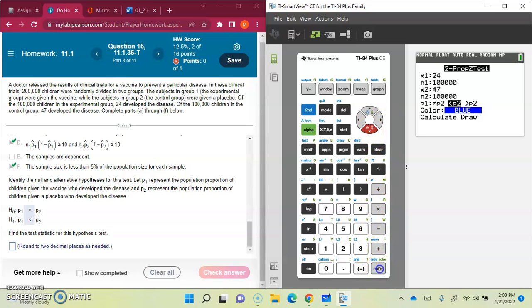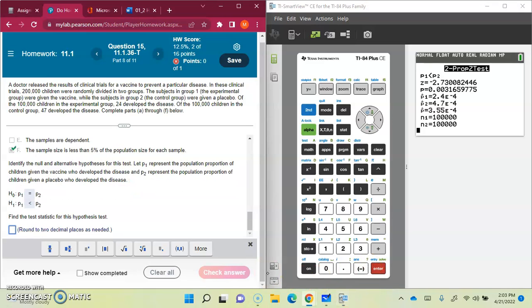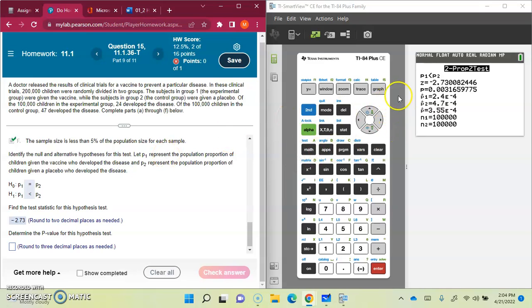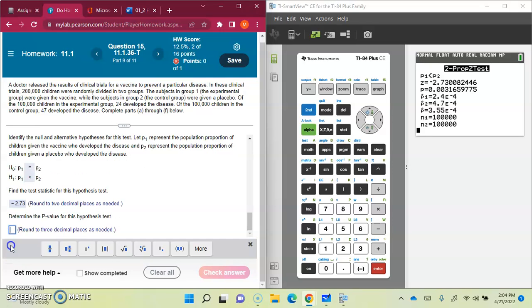Then press calculate. Our test statistic is the z value on your calculator screen. That's negative 2.73. We need to put 2 decimal places. Now the p value is p here in your calculator. That's given to 3 decimal places.